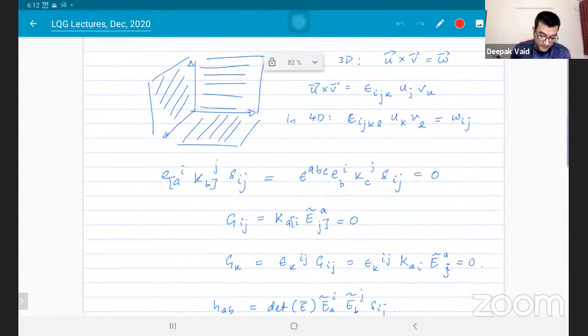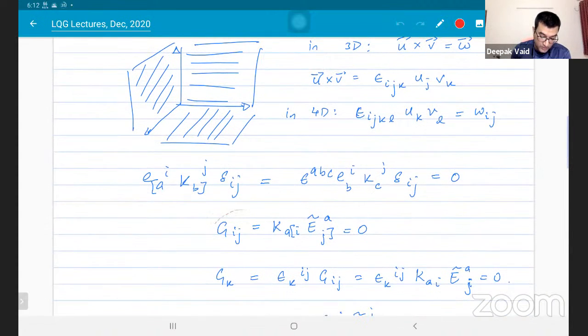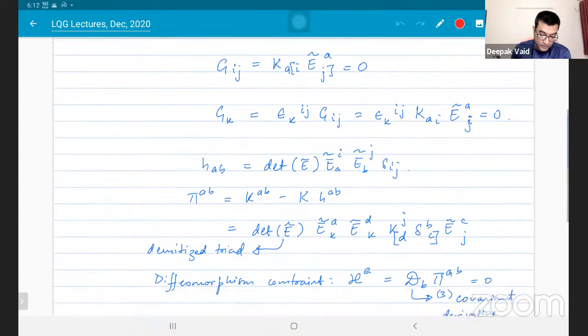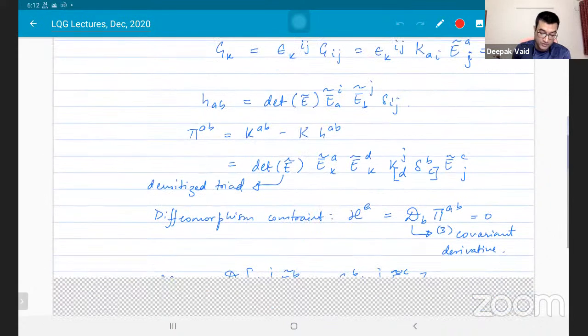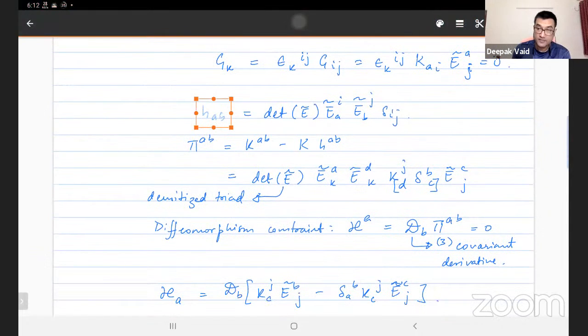Then one can write down the Gauss constraint in terms of these densitized triads, and you can also translate your Hamiltonian and diffeomorphism constraints into these variables. So in the metric formalism, you have this metric HAB.